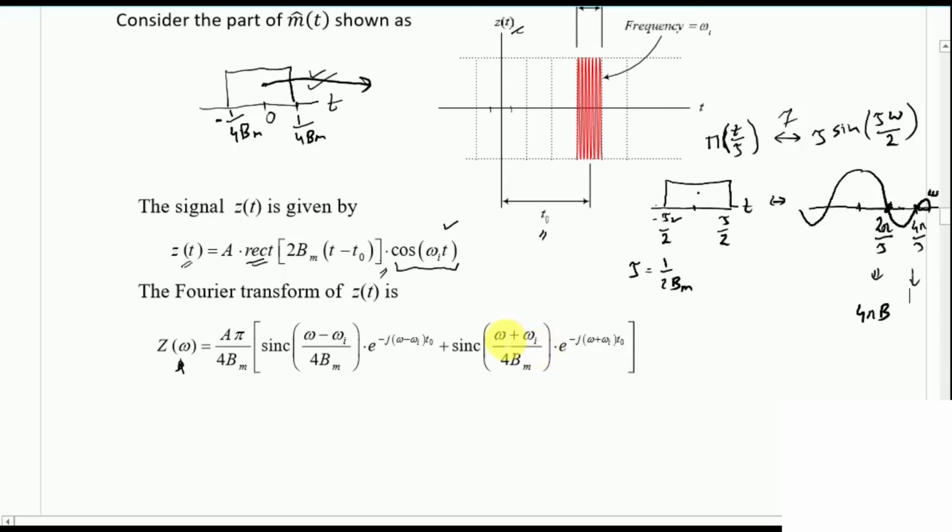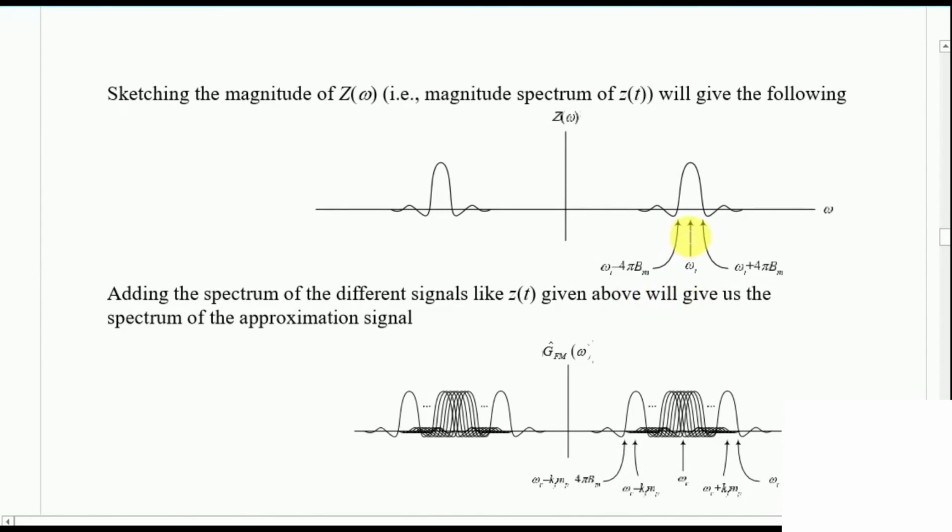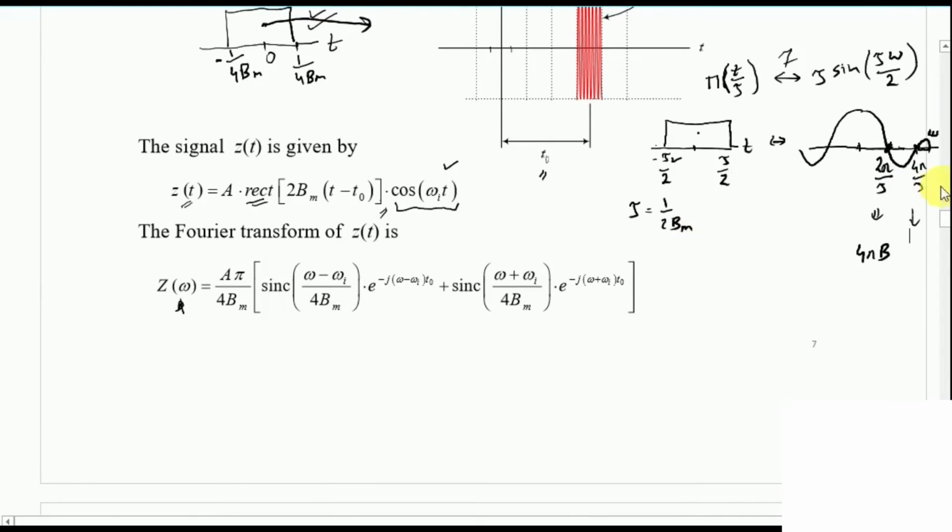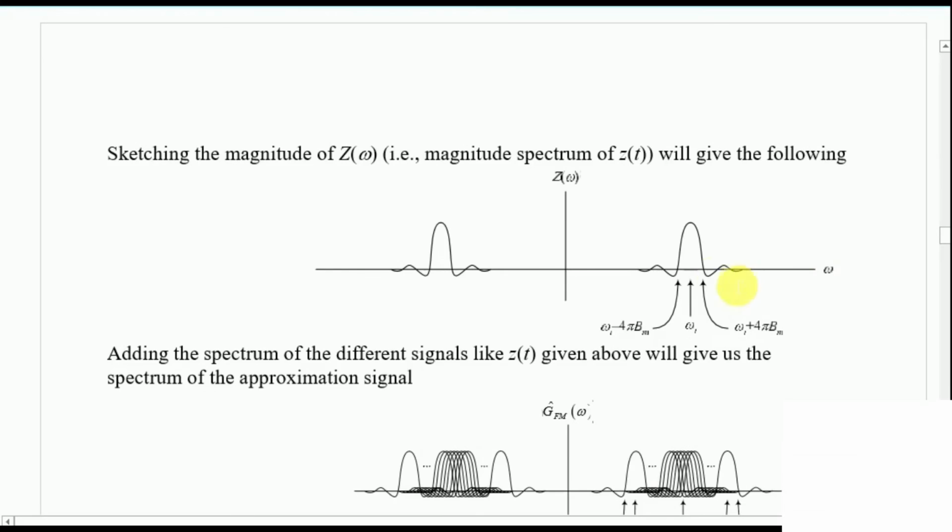So the center is shifted to omega plus omega i, which is over here. Omega plus omega i is shifted towards the left side, and omega minus omega i is shifted towards the right side. And then the next thing is this 4 pi b at the first crossing, and then it oscillates. Similarly, on the left side we have omega i minus 4 pi bm.